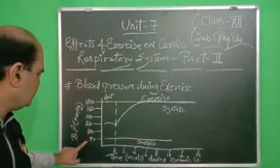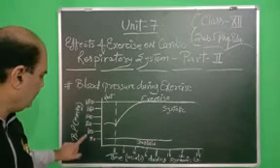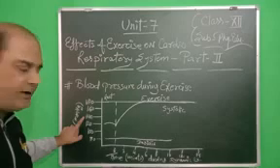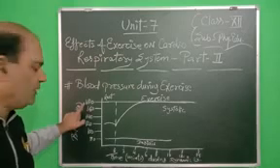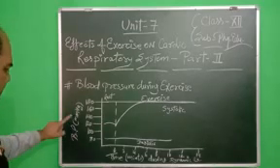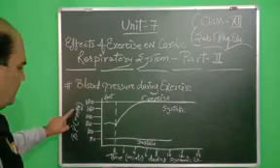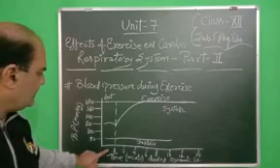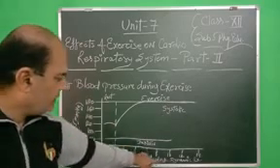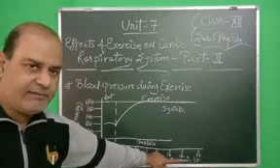It shows 80, 100, 120, 140, 160 and up to 180. It is the maximum blood pressure created on the heart walls in mm Hg, and there is also the time in minutes during dynamic or intensive exercise.